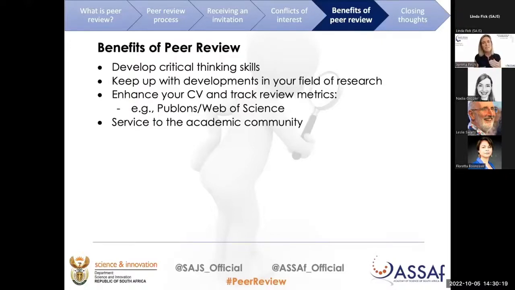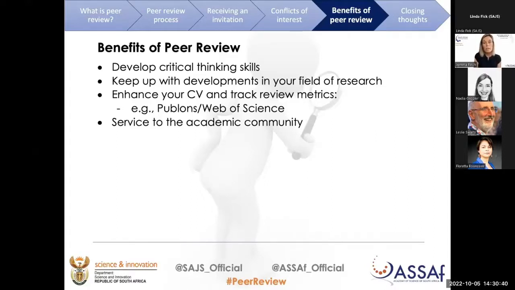And that's a nice way of showing that you have reviewed for multiple journals and that you're starting to gain a reputation as a potential peer reviewer, as a scientist in your field who's known and who can be found and relied upon to peer review. So that's a good way of enhancing your CV.